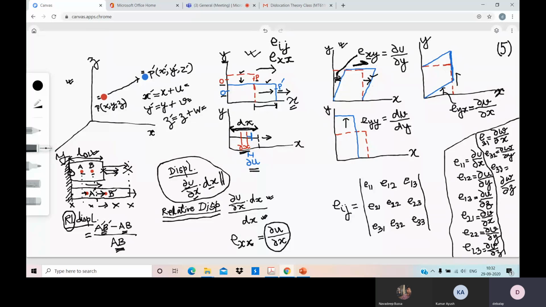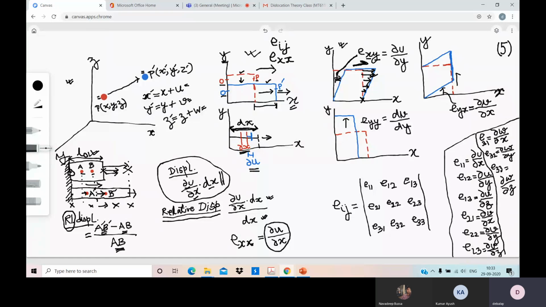If you see the displacement at this point, how much is the displacement along the x direction? 0. The more you increase y, if you move along y, you will find the points are shifting more and more. That means the displacement is happening along the direction x, but it is proportional to the direction y, and that's why the second term is y.